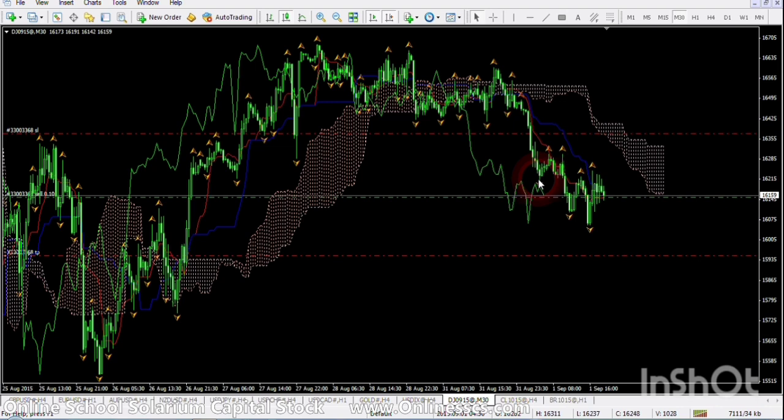Those who are scalping, we suggest they work on the 30 minutes time frame. And the people who are medium term and long term traders go to H4 and up, like 4 hours and up.